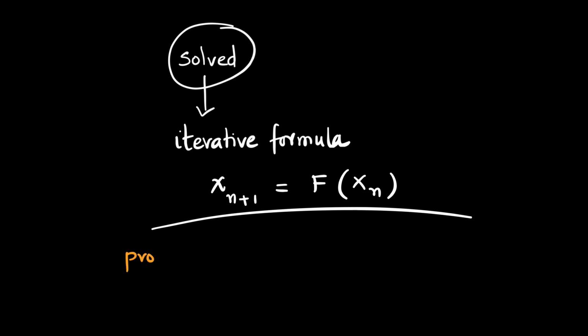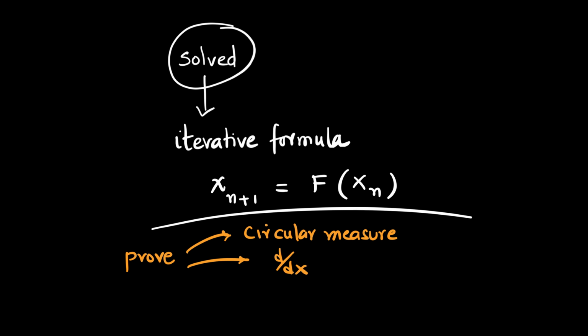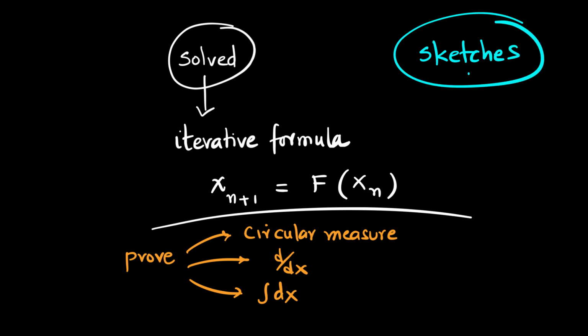Sometimes we have to prove something by the concept of circular measure. Sometimes we have to prove something by differentiation, sometimes by integration. Sometimes we have to draw sketches and prove that this equation has maybe one real root or maybe two real roots and so on.